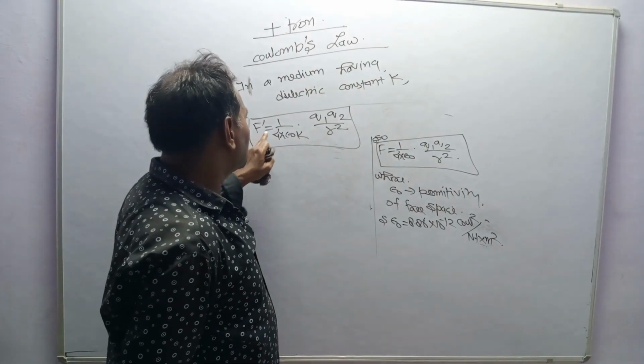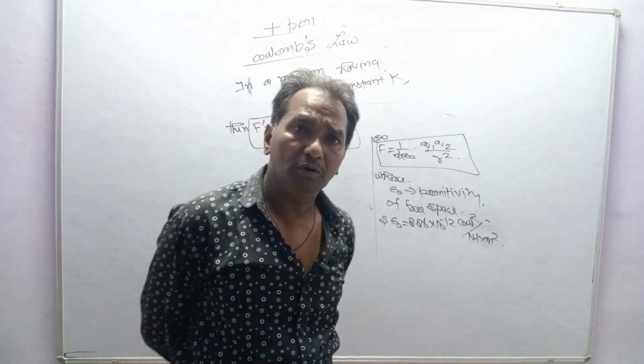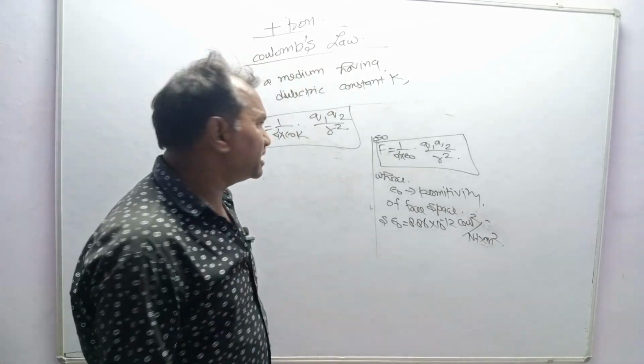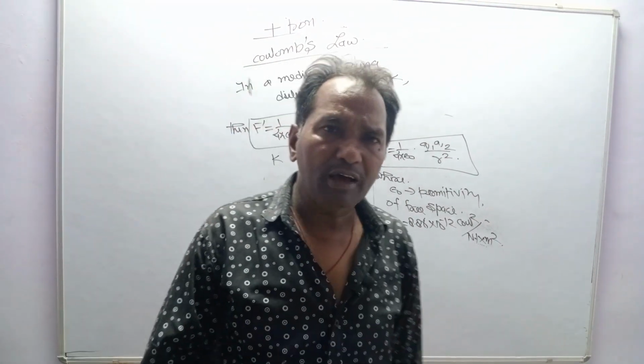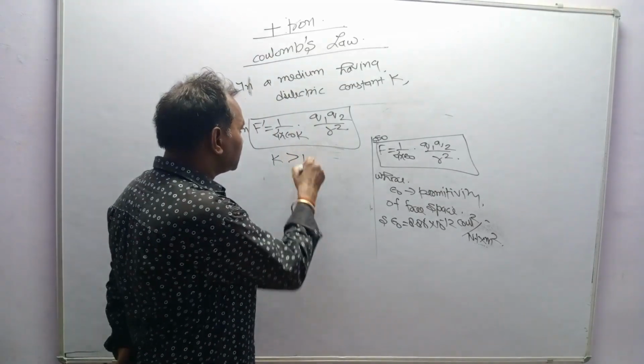Dear students, it becomes F dash is equal to 1 upon 4 pi epsilon naught K Q1 Q2 over R square, where K is called the dielectric constant, and the dielectric constant for every medium except a vacuum is greater than 1.